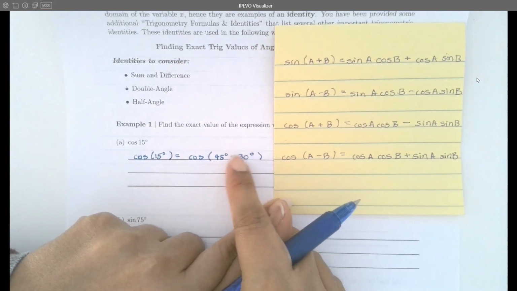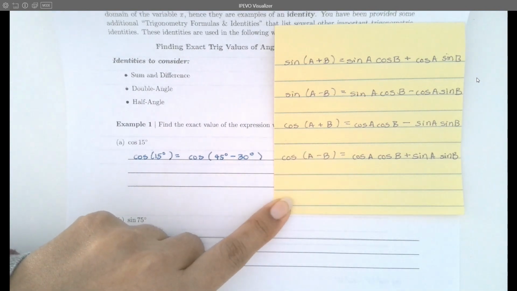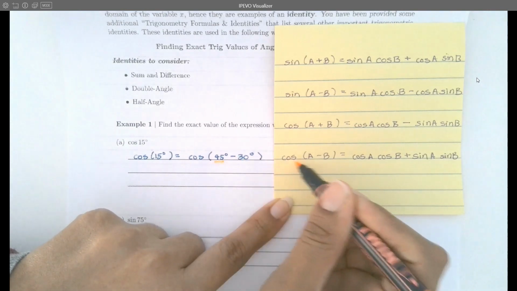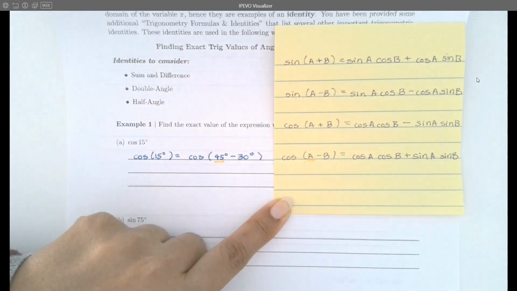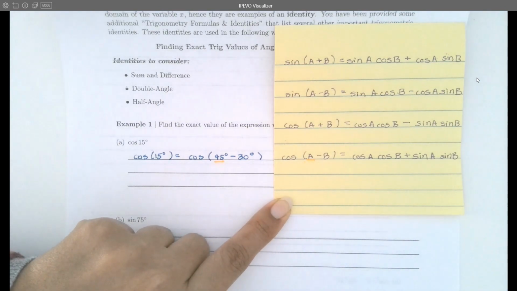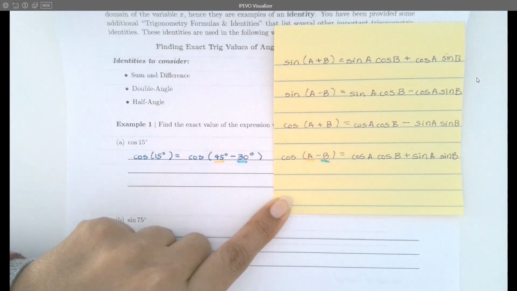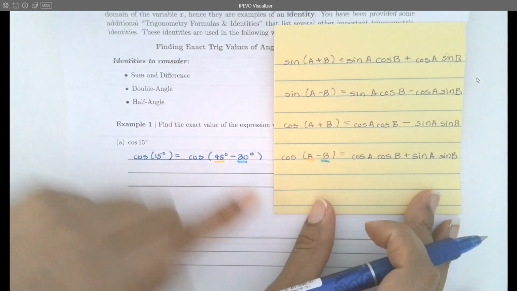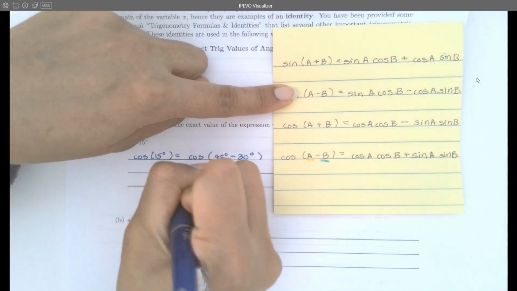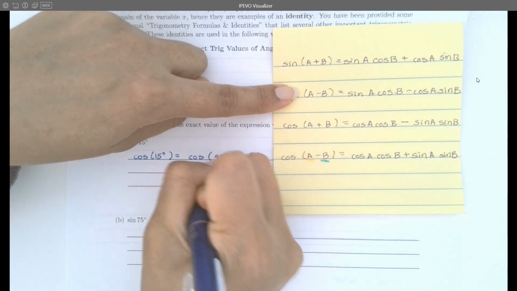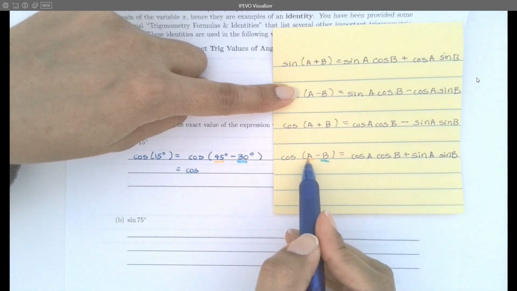We have the difference of two angles. The A in our case is 45 and the B is 30 degrees.